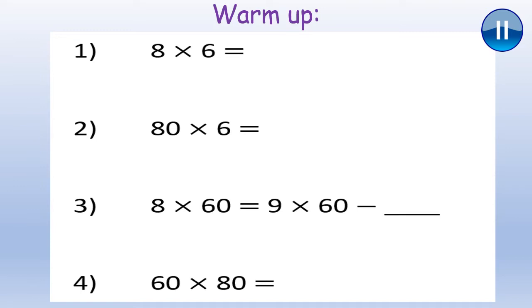First, let's warm up by answering the following questions. 1. 8 times 6 equals. 2. 80 times 6 equals. 3. 8 times 60 equals 9 times 60 subtract what? And 4. 60 times 80 equals.